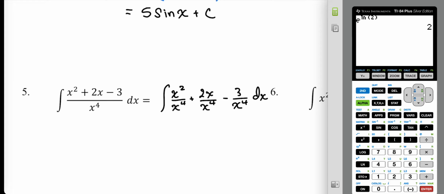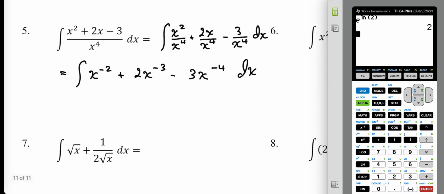So I'm going to write this as the antiderivative of x to the negative second plus 2x to the negative third minus 3x to the negative fourth dx, and then integrate each part. Increase the exponent by 1, becomes x to the negative first, divide by the new exponent. That's going to become a negative. 1 over negative 1 becomes negative 1.